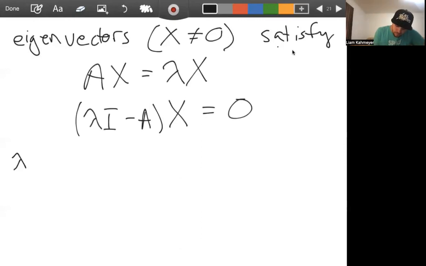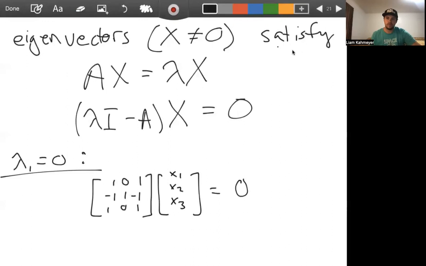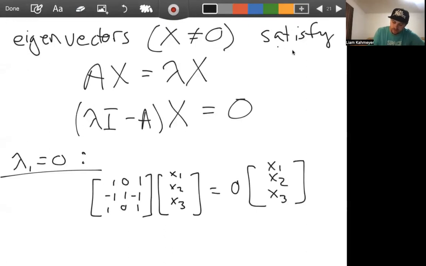For lambda 1 equals 0, I'm going to use the first equation here, right? The first equation says that A, which was 1, 0, 1, negative 1, 1, negative 1, 1, 0, 1, times X, which we'll call X1, X2, X3, this should be equal to 0 times X1, X2, X3, which is really just the 0 vector.